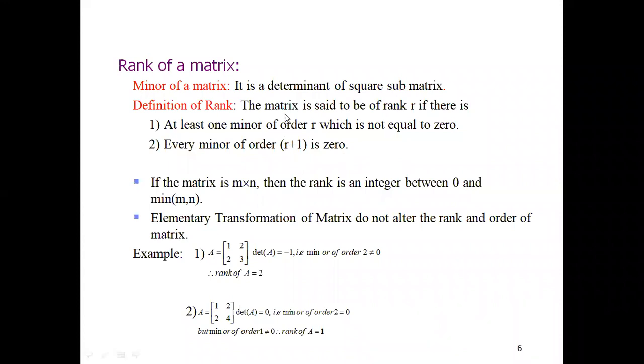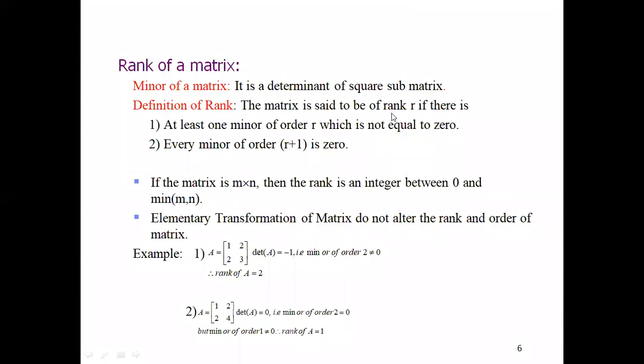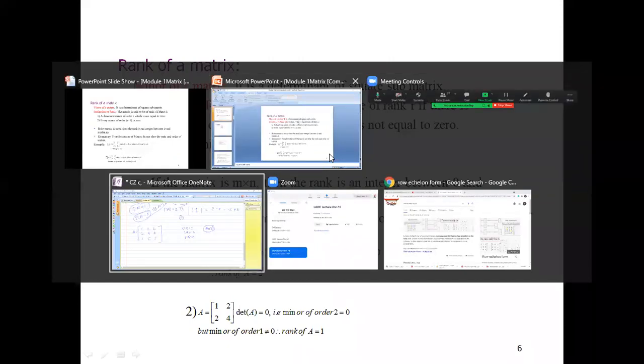The definition says that a matrix is said to have rank R if there is at least one minor of order R which is non-zero, and every minor of order R plus 1, every higher minor, is equal to 0. Is everyone clear about the definition? Any doubts with the definition, please?